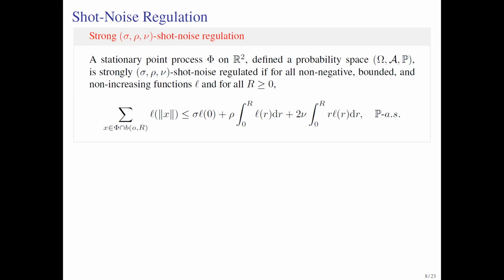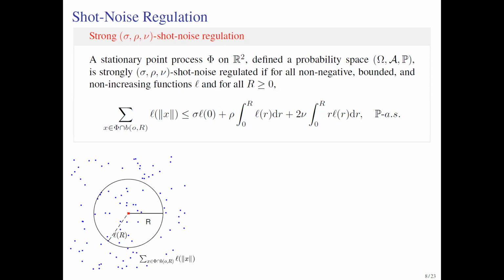So what is on the left-hand side of this inequality? You are taking into account all the points within the ball of radius r, and each of them generates a shot to the origin. In fact, here it is x minus 0 because we're looking at the origin. So you look at the origin and you sum up all the shots from the points within a certain radius.